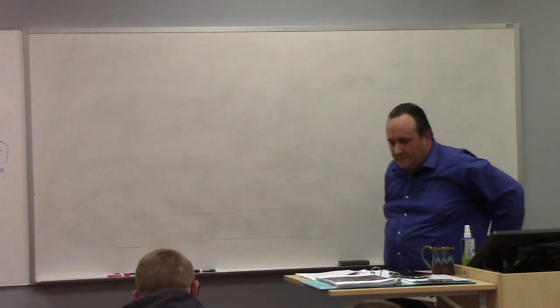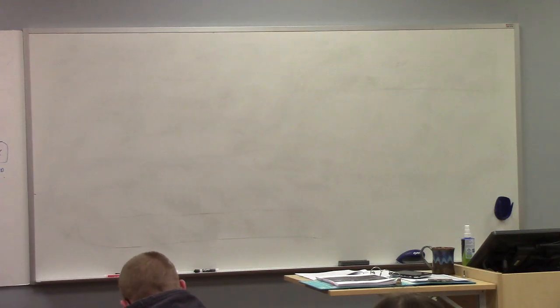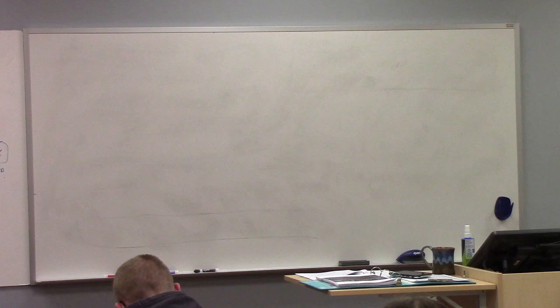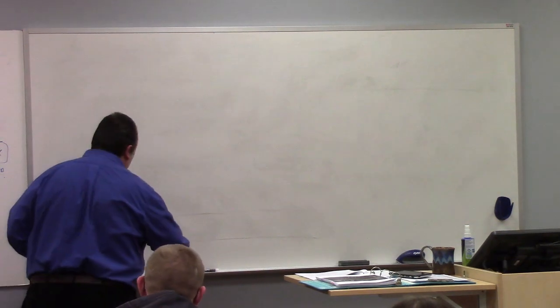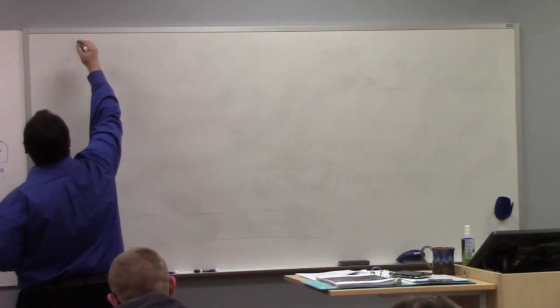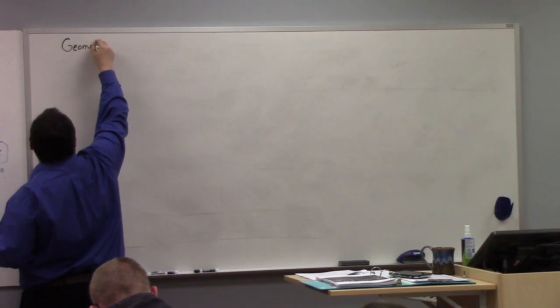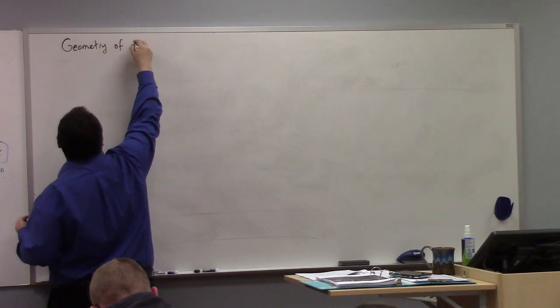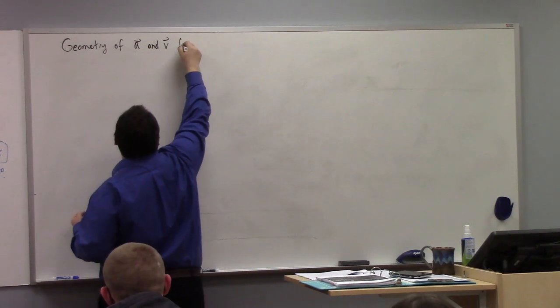Technically speaking, I'm a little bit off my planner, but next time we'll talk about projectile motion most likely. But I think logically speaking, what I'm about to talk about goes right here, best. So I'll entitle this little section here, Geometry of Acceleration and Velocity for Paths.